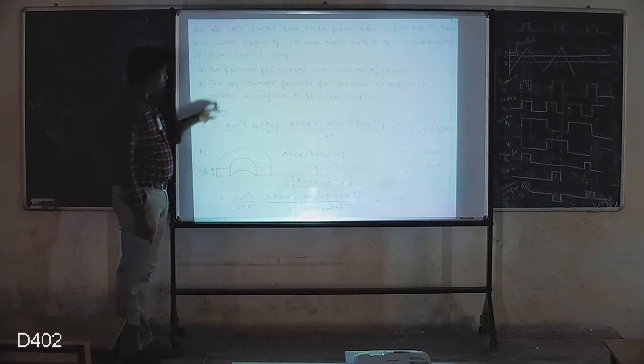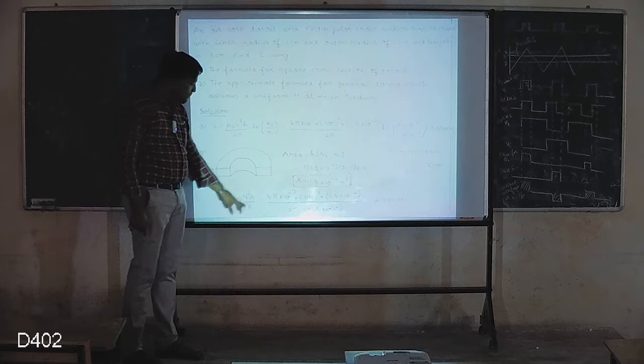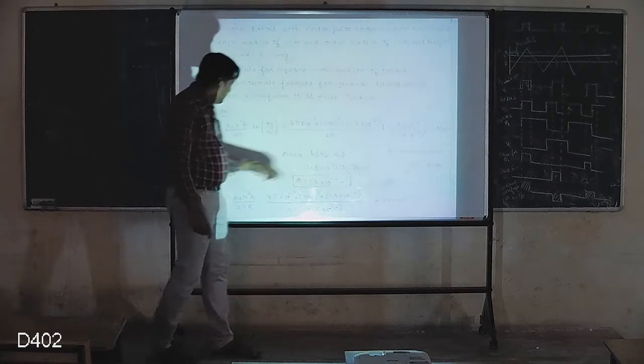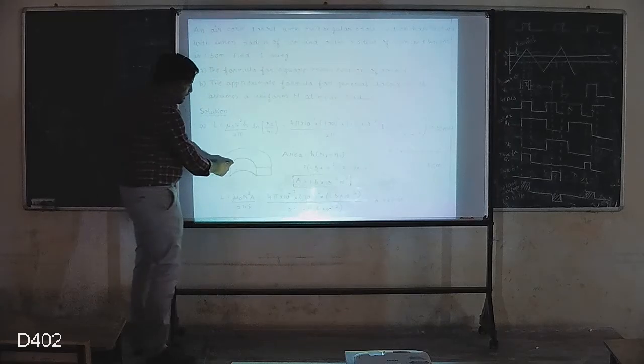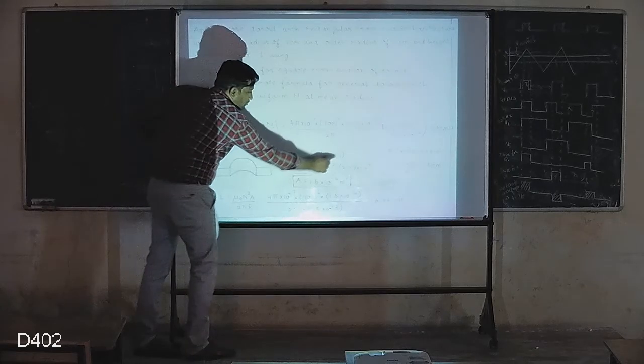And if I want to use the approximate formula, which is L is equal to mu naught n square a by 2 pi r, first I have to find a. A is equal to height times the radius of this system, R2 minus R1.